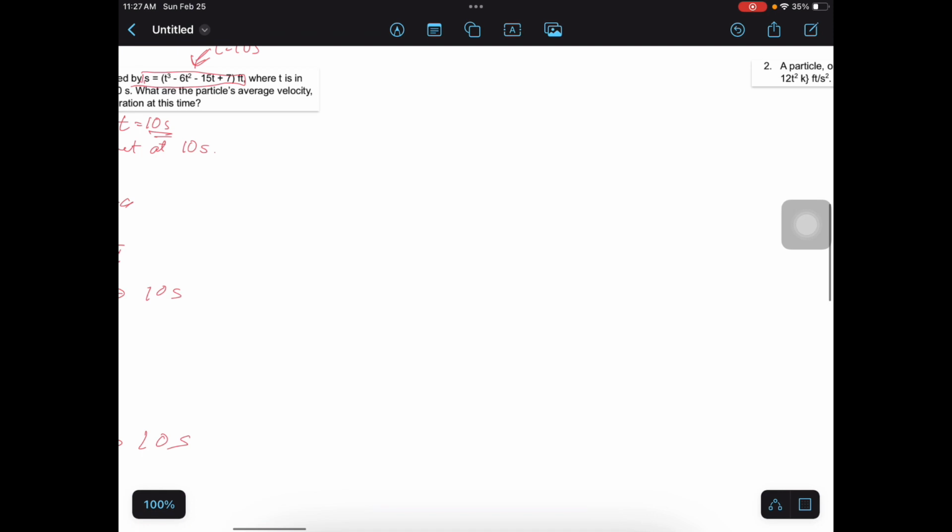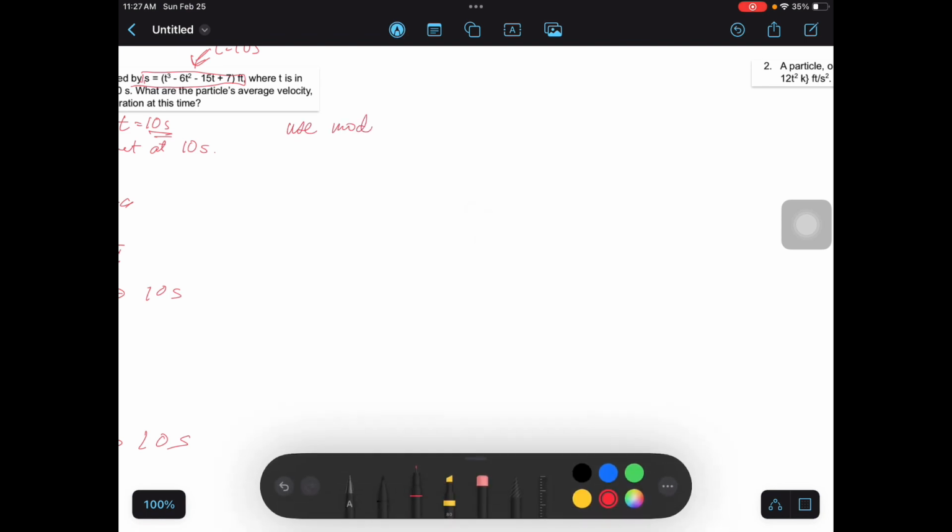Evaluating and observing the path ng particle at every time second. So, you can use yung mode table ng calculator nyo. Kasi using that, i-input mo lang yung function mo, this function ng position, ng displacement. And then, ipapa-evaluate mo siya from 0 to 10 seconds.